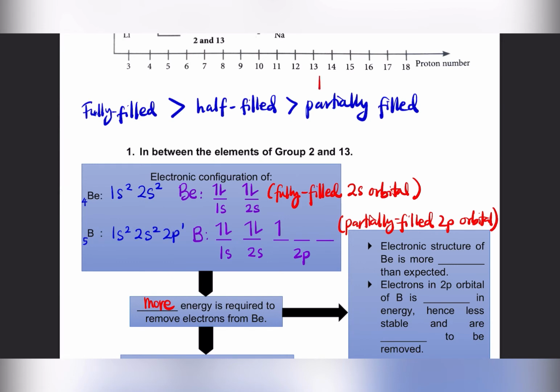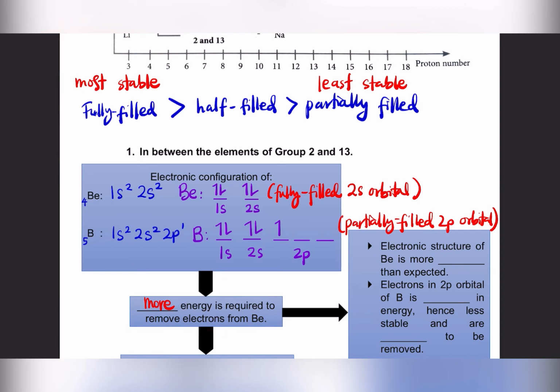So this is the least stable and this is going to be the most stable. So in this case, which one is much more stable? Fully filled is much more stable. Sebab tu daya tarikan dia sangat kuat dalam 2s orbital untuk elektron tersebut. So maknanya more energy is required to remove electrons from beryllium.